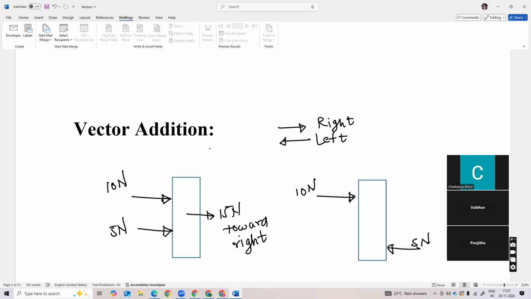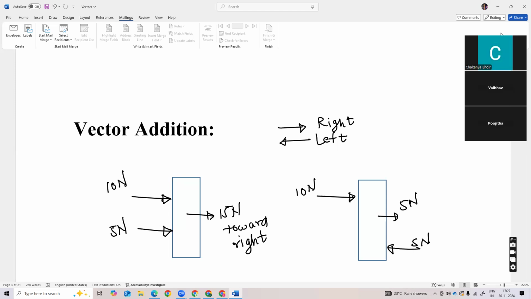Whereas in this other case, the net force is 5 newton towards right. This is because in vector addition, the direction matters.